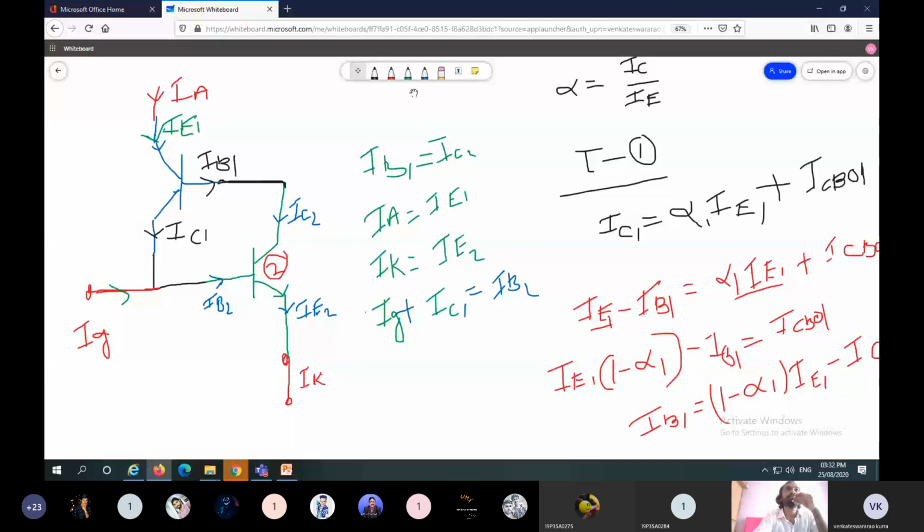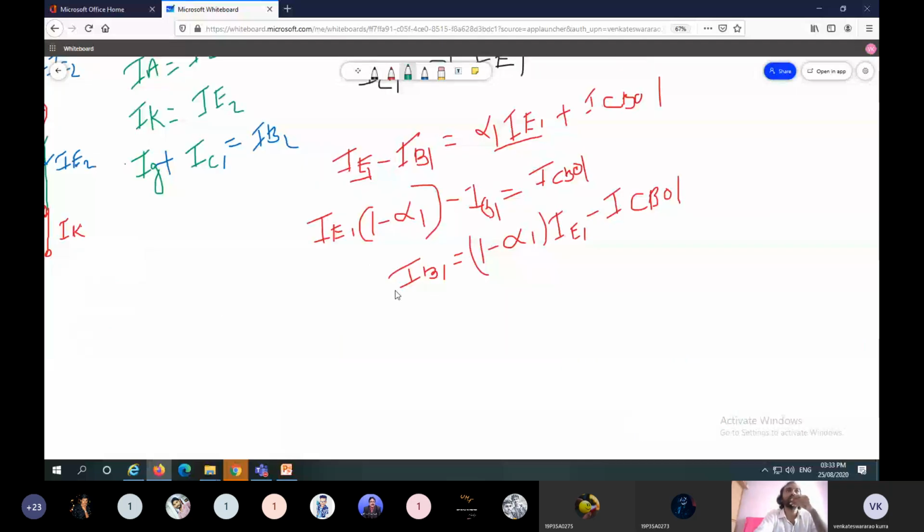So here, IB1 equal to IC2. So substitute IB1 equal to IC2. This one is IC2. This one is 1 minus alpha 1 into IE1.